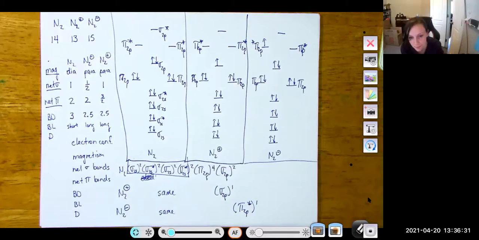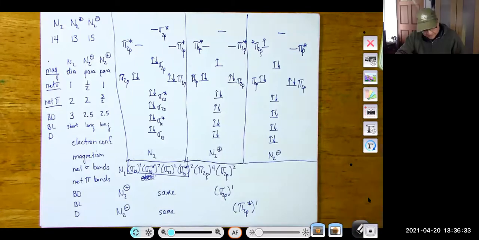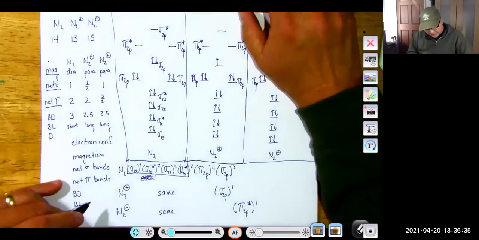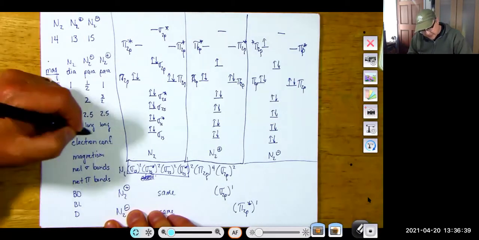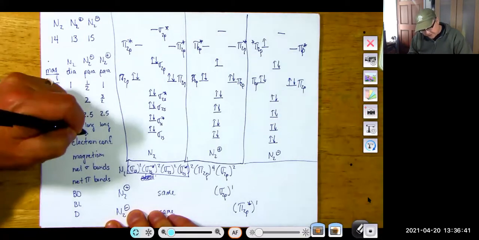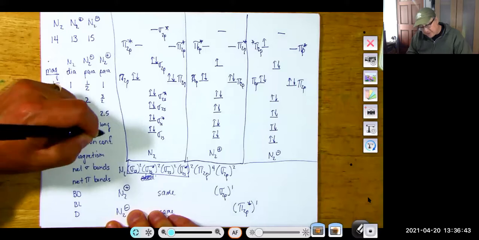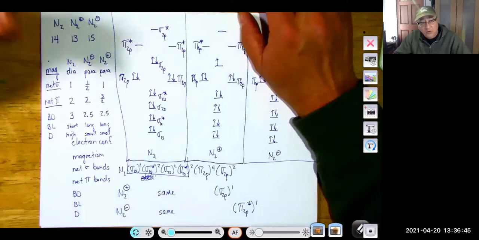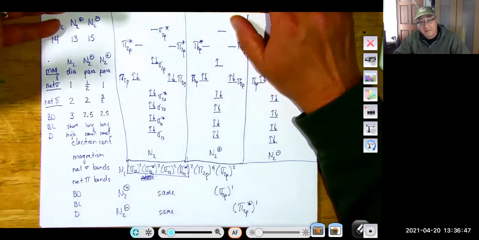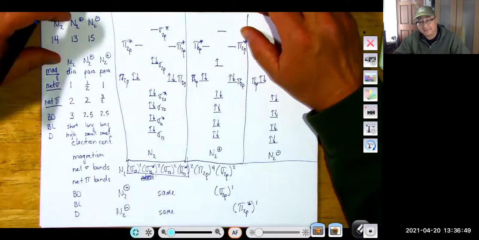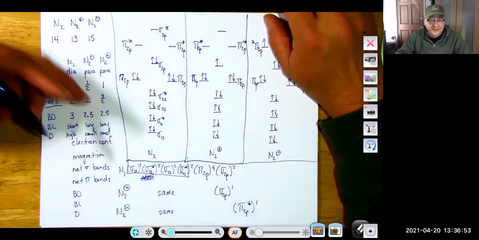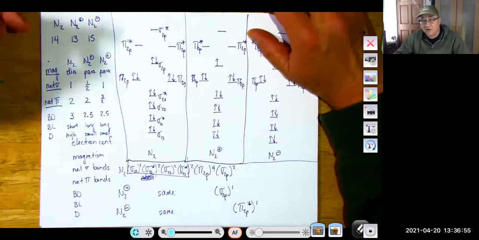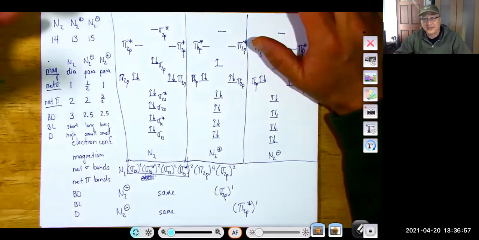Now, bond dissociation energy. This is going to be the highest, and these guys will be the smallest, because the larger your bond order, the harder it is to break that bond. And when you have a 2.5 and a 2.5, we're not going to say this one's got to be stronger than the other. We're going to say, hey, these should be about the same.